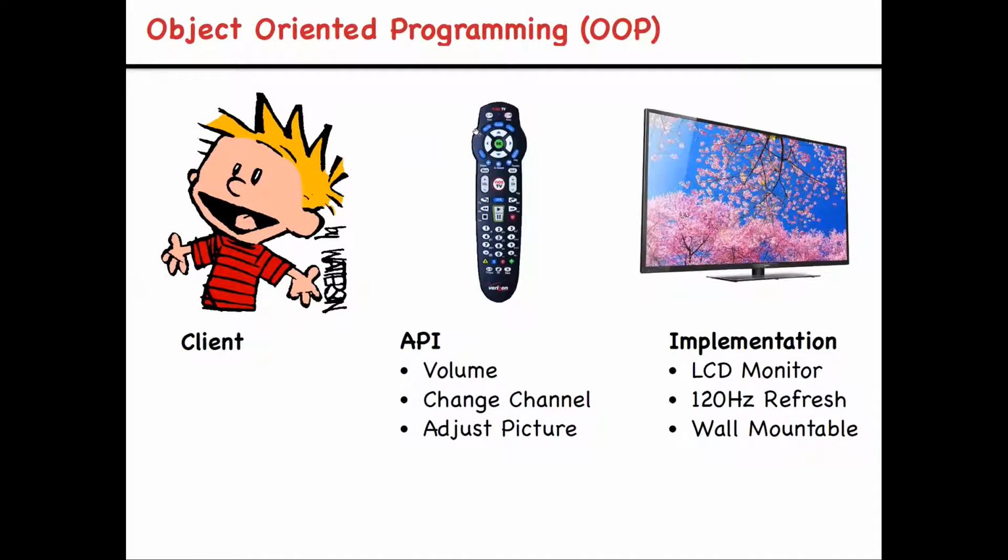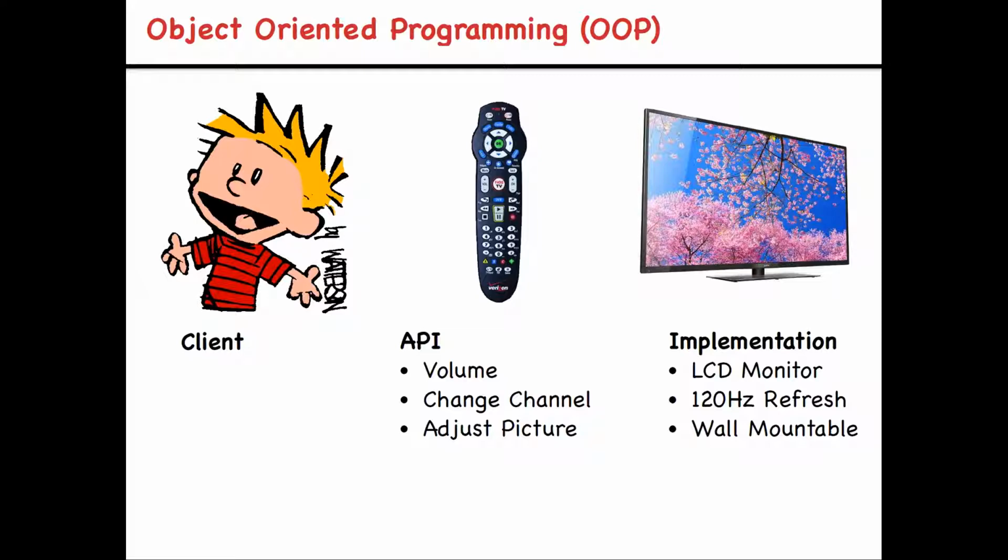All right, so here's this idea of the client and API and implementation thing. So we have a client. This is Calvin. My PhD advisor would always throw Calvin into his slides. His name happened to be Calvin, so I keep that tradition alive here and throw some Calvin in once in a while. So we have our client Calvin, and he wants to use his television.